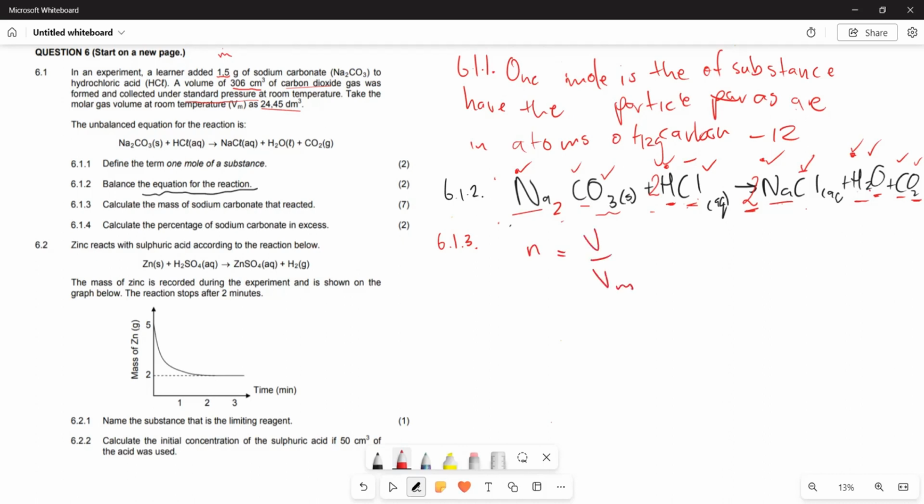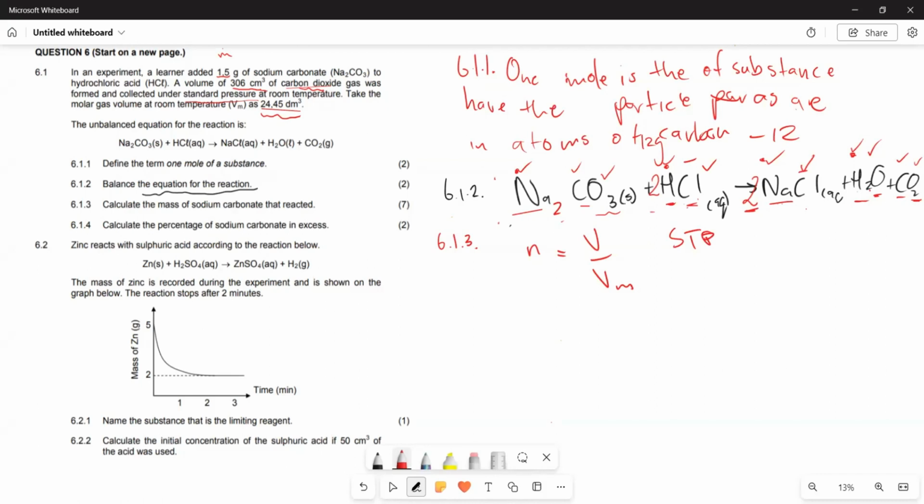Now, what is this going to help us with? Look, you are given that you have carbon dioxide, you have the volume of the carbon dioxide, and you also have the molar volume at room temperature, which is 24,45. So which means we can start here. We can use this formula because this is the only formula that caters for our STP, right?